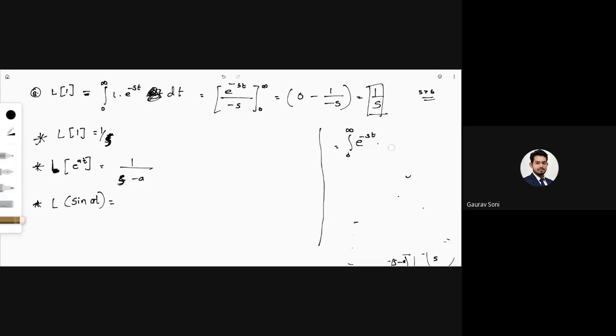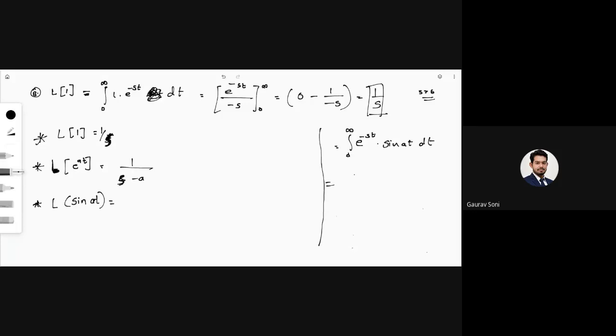This is the same formula that I gave you while solving the Fourier transform examples. So what we will have here is the integration from 0 to infinity of e to the power minus st sine of at dt.